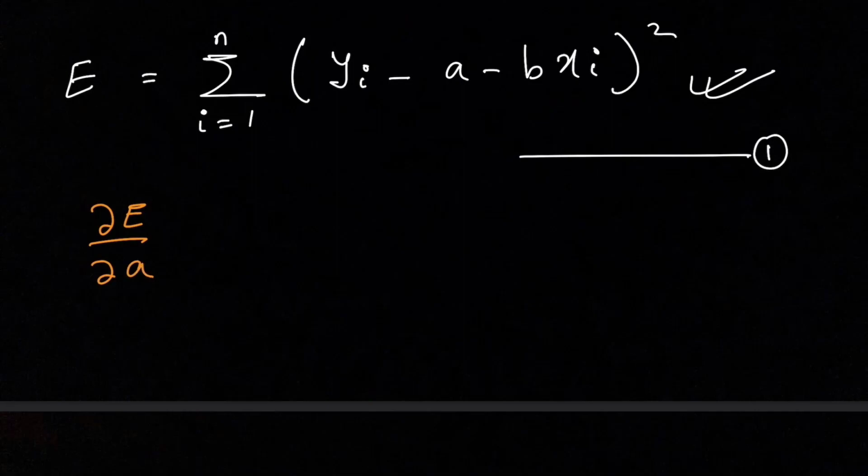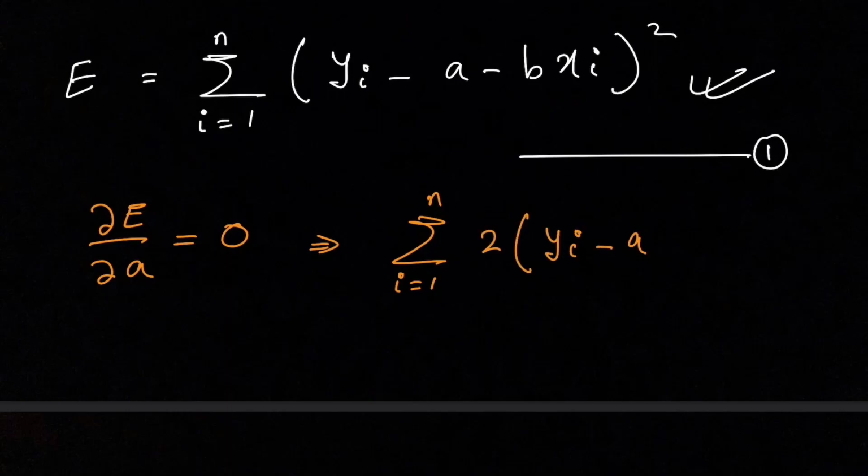And obviously to find the point, this would have to be 0. So it would become summation i is equal to 1 to n, 2 times yi minus a minus b xi, and since we are doing it with respect to a, it will come with a minus 1, is equal to 0.